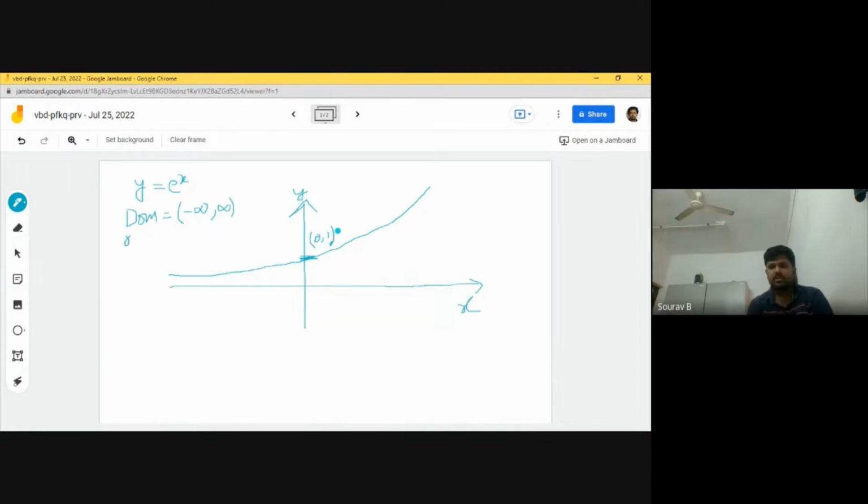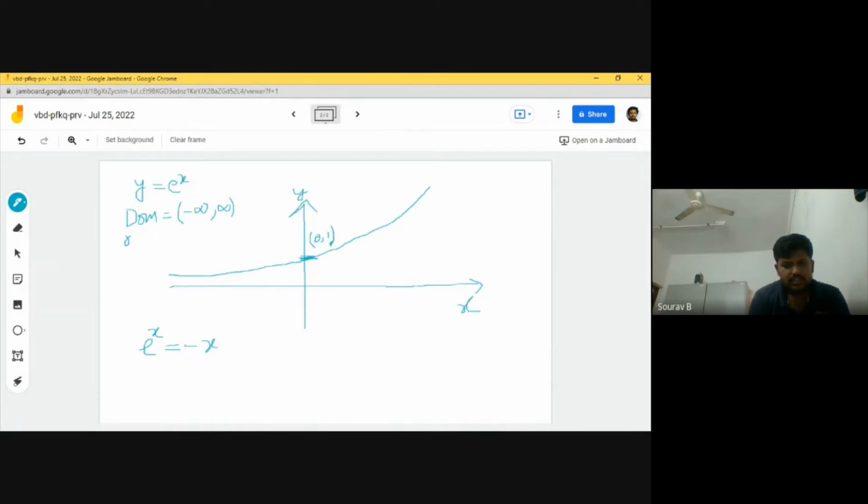Now if you are given a problem e to the power x equal to minus x, how will you solve it? You will be asked how many real solutions of x are possible.